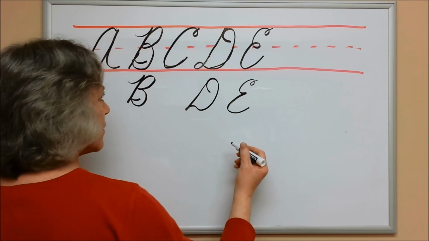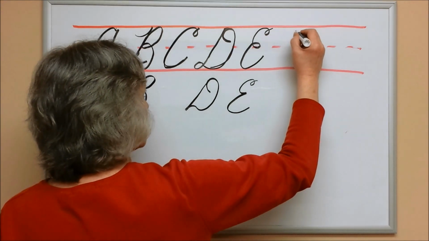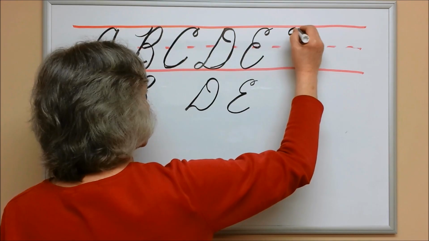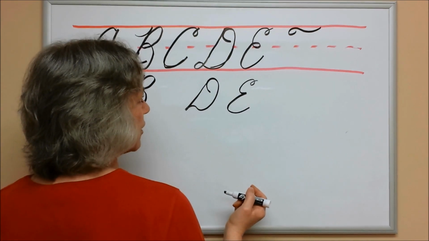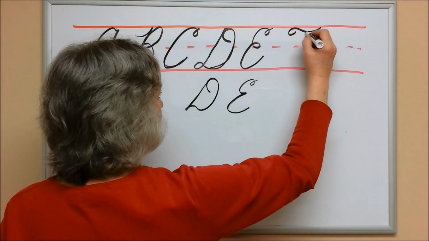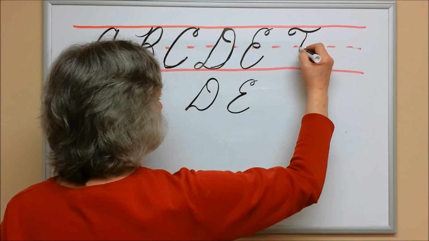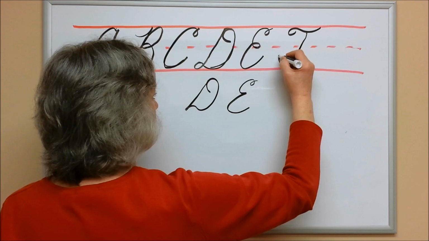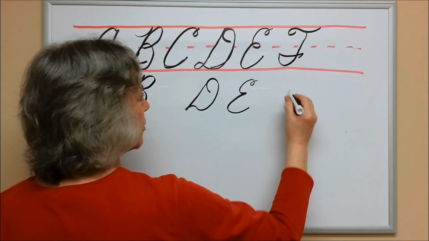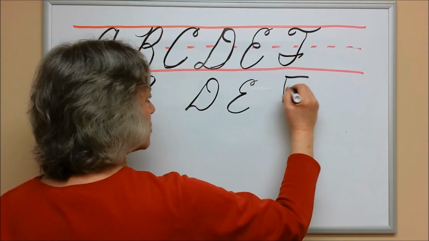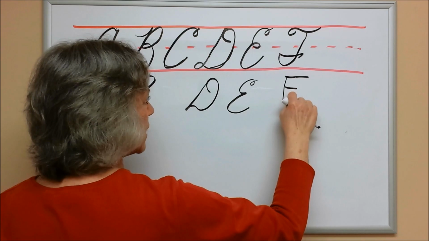Okay, the letter F starts at the top, and we make a little loop, and notice it curves like that. That's the top of our F. Then we come down, we're still on a slant, curve up, and then back and cross over the F. Remember, a printed F looks like this, so it has two lines.